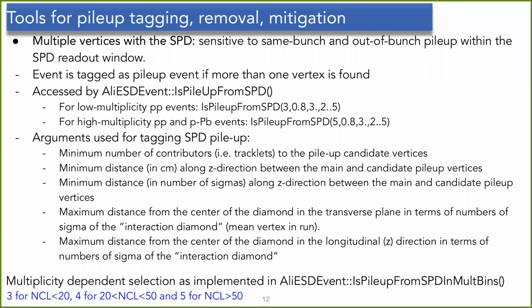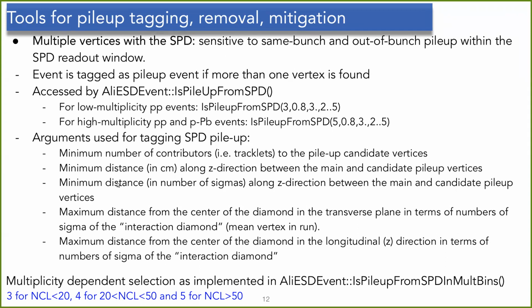Then you check the minimum number of contributors in the pileup vertices. So 3 means if the vertices have a minimum number of contributors of 3, then you assign it as a pileup vertex.